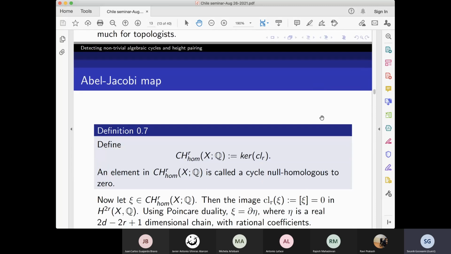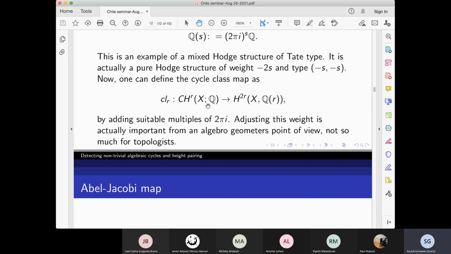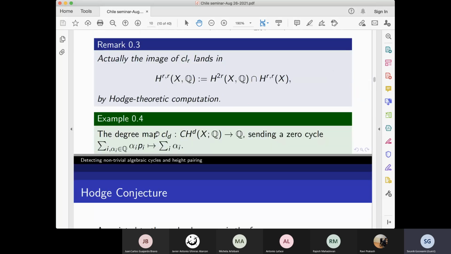The second map is the Abel-Jacobi map. So you'll see how the vector space structures come into the picture. Given this cycle class map, of course, this map is not injective. There are plenty of examples where this can be 0. Even, for example, if you take this particular map, you can play around with coefficients.